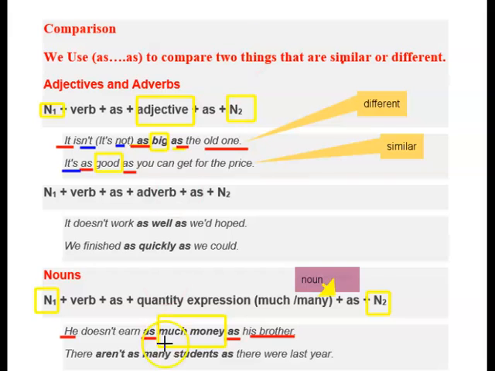I used much, because uncountable noun. And of course, we already know that. Now here, if you notice, many is countable. We used many because students is countable. Okay, because we are comparing the two things with the noun, and the noun is countable, we used many. Here we are comparing two things and with an uncountable noun, so you used much.